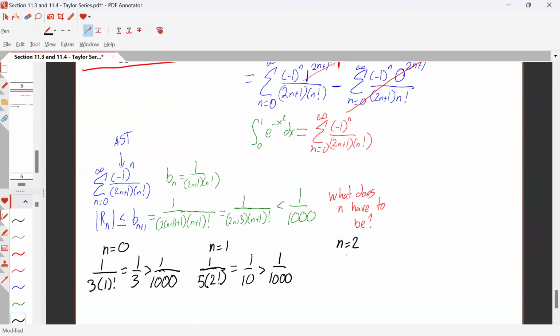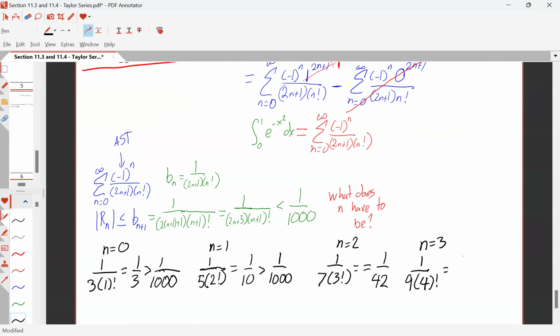When n equals 2, we'll have 1 over 7 times 3 factorial, which is 7 times 6, or 1 over 42. N equals 3 gives us 1 over 9 times 4 factorial.